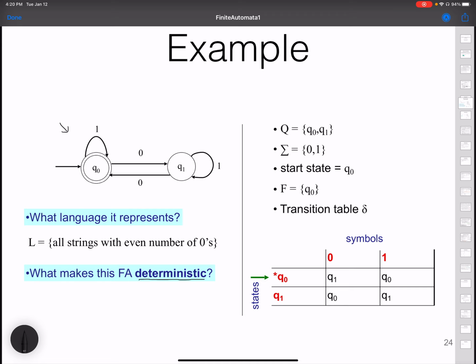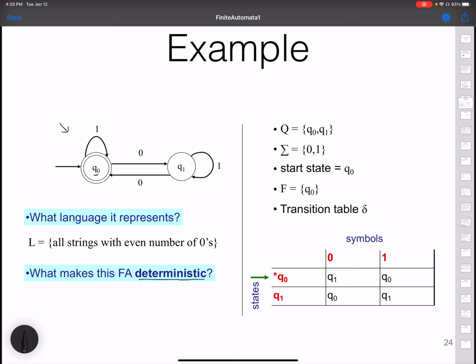First, you should have exactly one starting state, right? And the second is that at any of the states, for any input symbol, there is going to be exactly one transition.